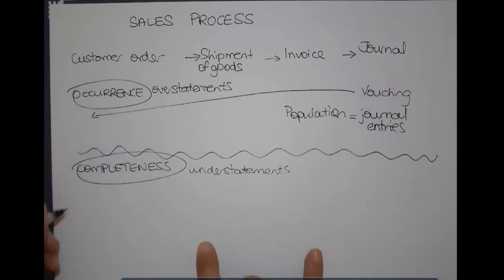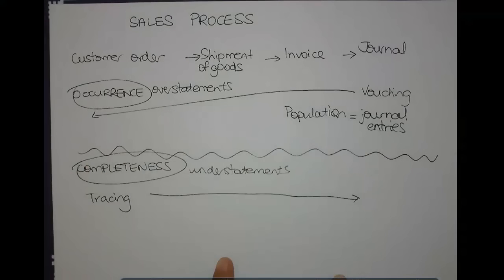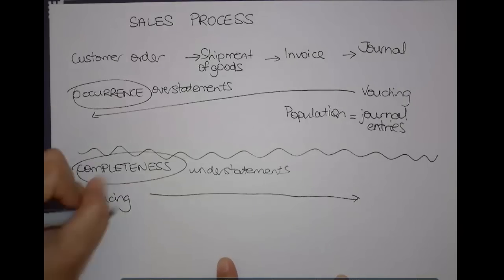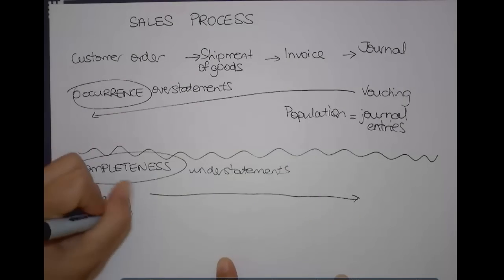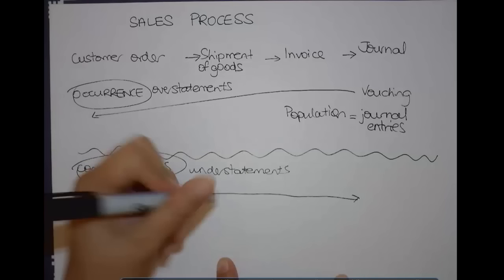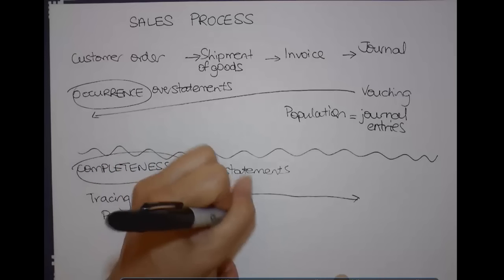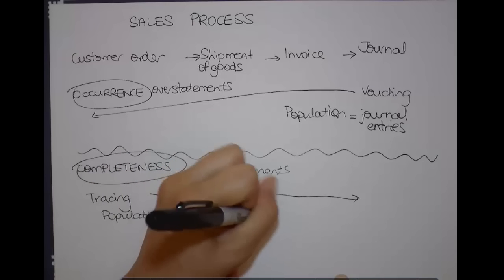So when I'm tracing, I need to start at the beginning and then move forward in time. So in the instance of testing completeness, my population actually needs to be my customer orders or some sort of shipping notification.